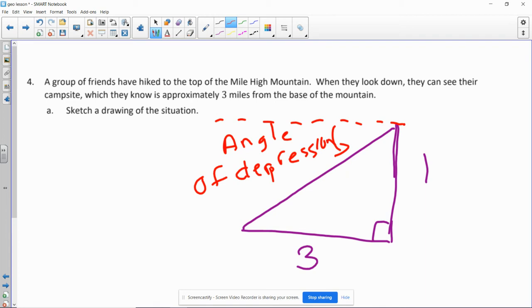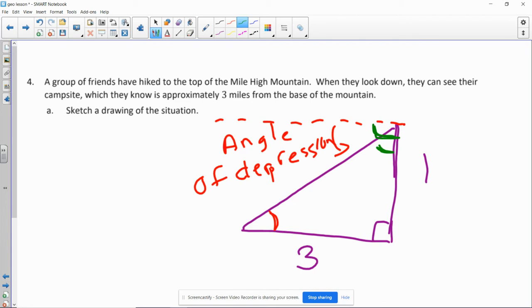And the angle of depression is equal to the angle of elevation because they're alternate interior angles. Or I could figure out this top angle here and then subtract it from 90 because this is also a right angle up here.